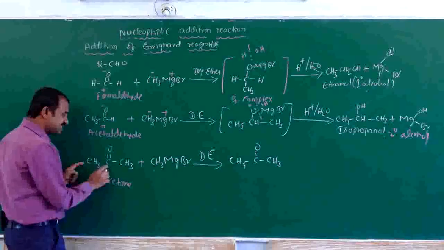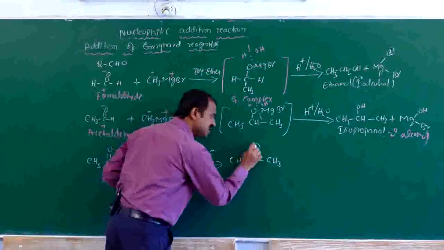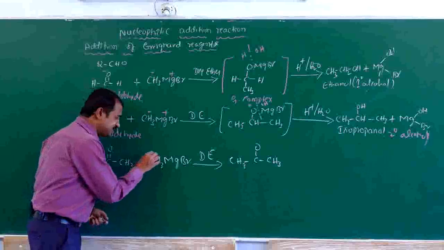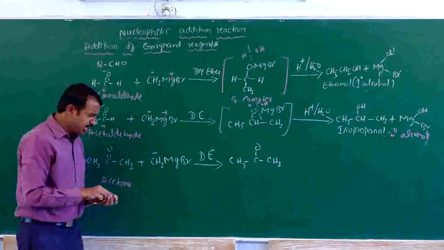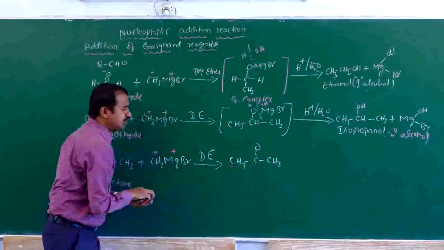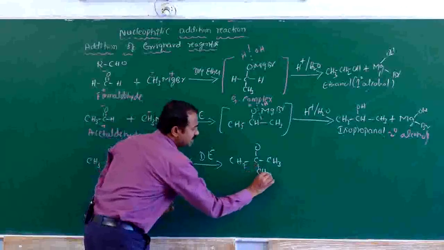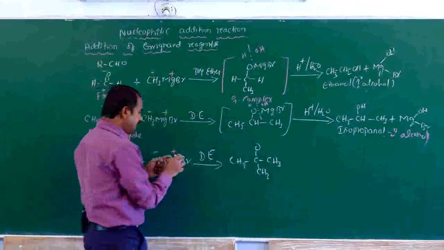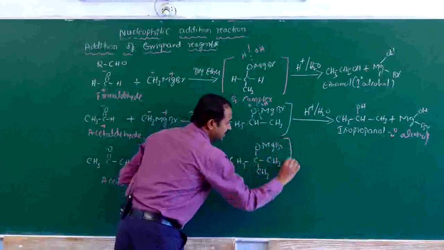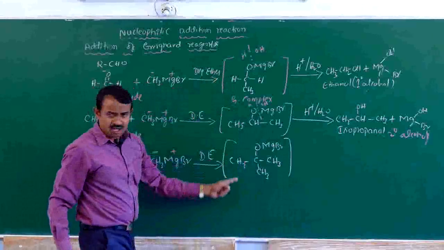In methyl magnesium bromide there is a negative charge on the methyl and a positive charge on magnesium. The nucleophile is attached to the electrophile and the electrophile to the nucleophile. This is called the Grignard complex.